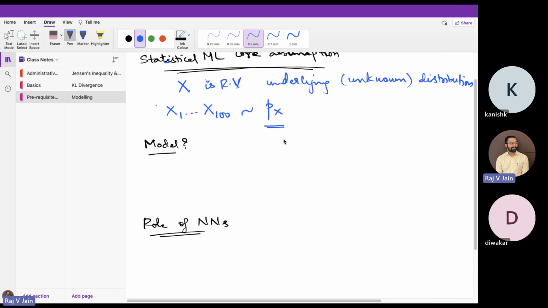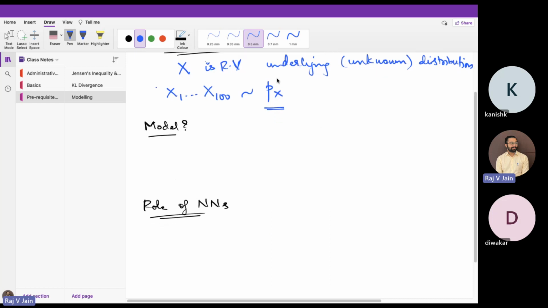Rather, you will try to use some parameters, theta, which characterize a distribution that we'll call p theta.